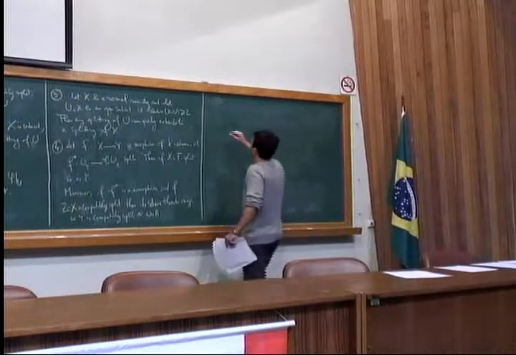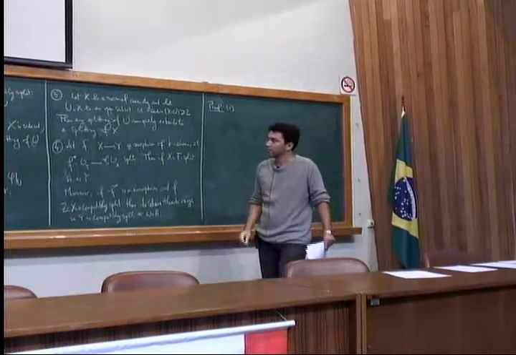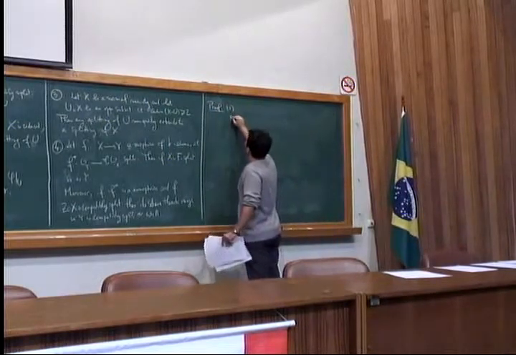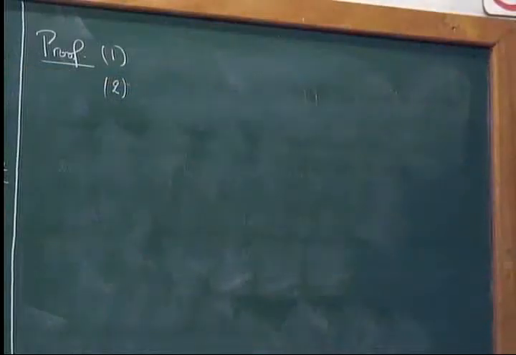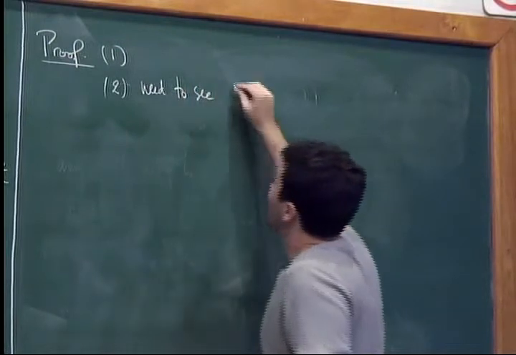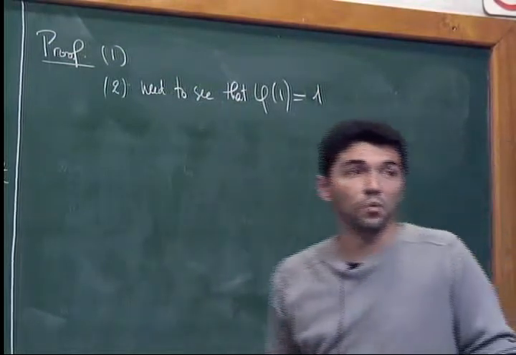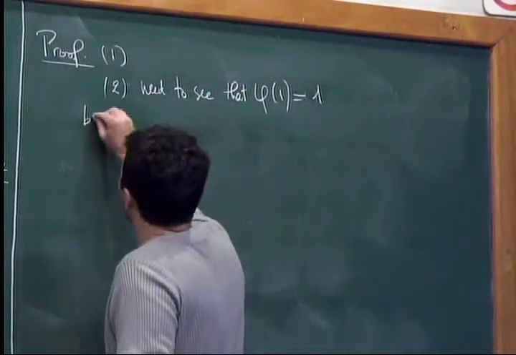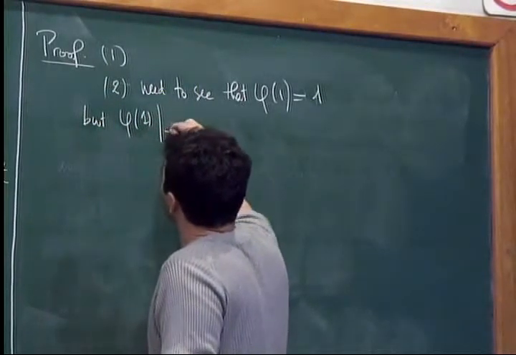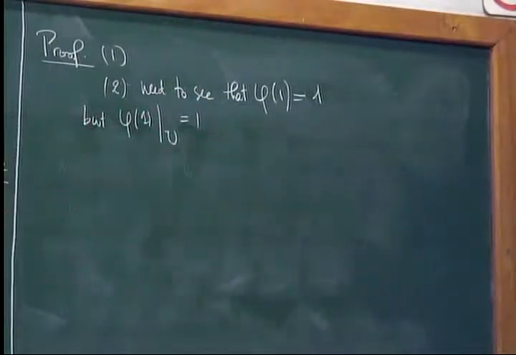So the proof. So one is obvious. For the second point, phi is already defined, so the only thing is to see that phi of the constant function 1 is exactly 1, but we know that this is true at least when restricted to U, and as we are assuming that X is reduced, we are done.